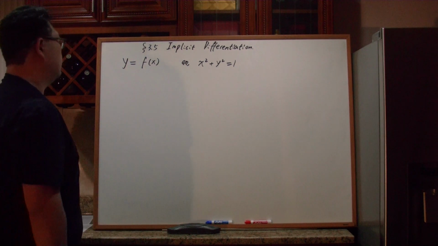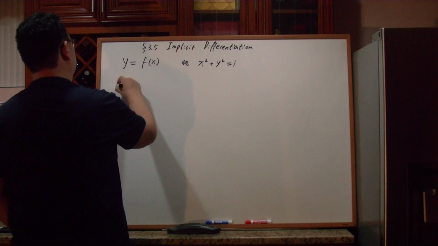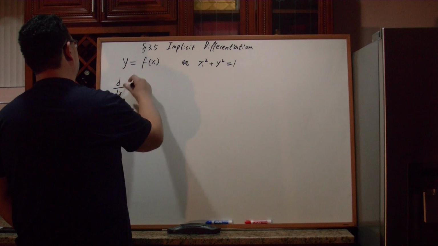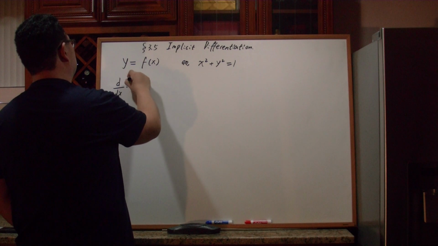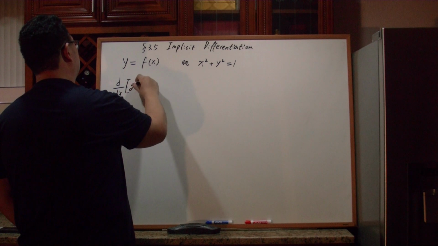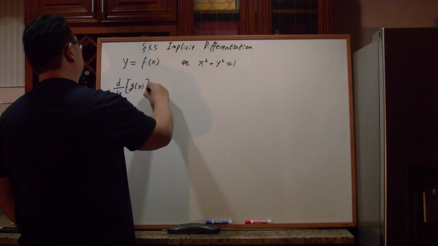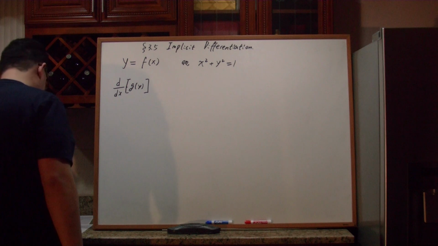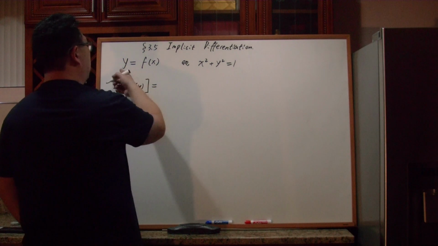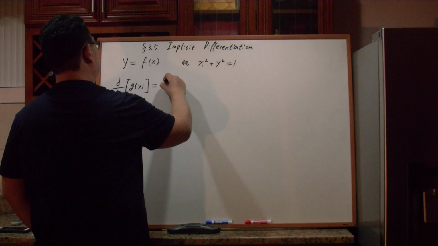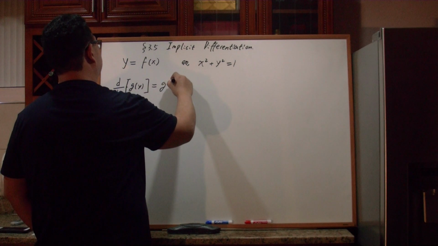So in order to take the derivative of y with respect to x, we need to face something like a function of y, by the rule that y is a function of x.